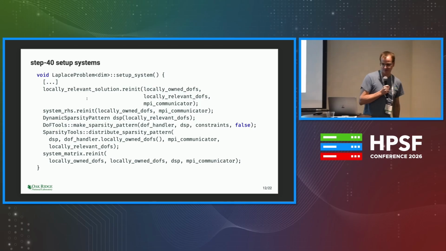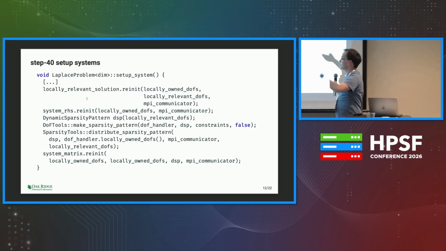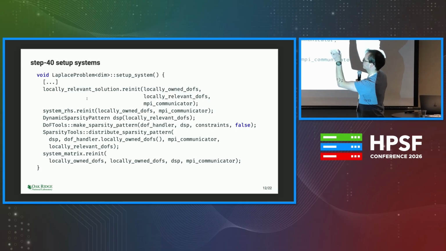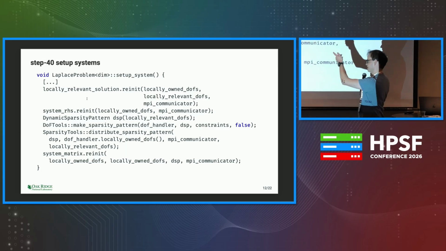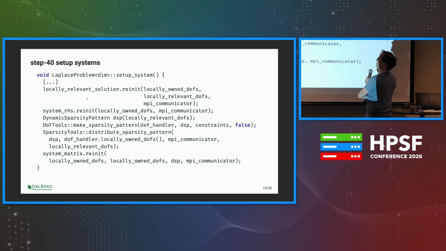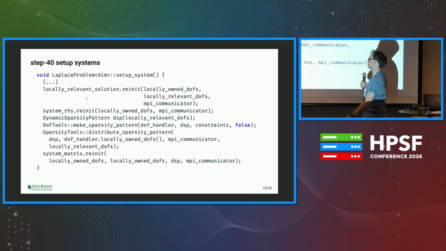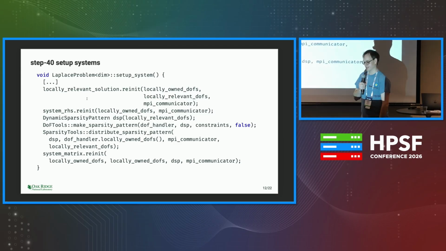So what it looks like is basically this. In setup system, you would declare a couple of vectors. You would reinitialize them with whatever map you have, and then the interesting part is the sparsity pattern. In this case, this is the nice case. We use the deal.II object, the dynamic sparsity pattern. We say make sparsity pattern, so it gets a DoFHandler, which knows basically everything, and so it can just run through the mesh and figure out what the sparsity pattern looks like.